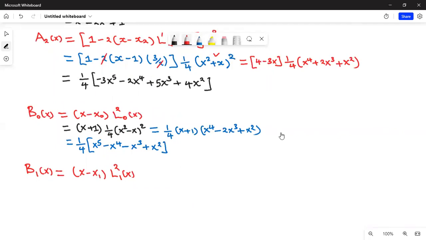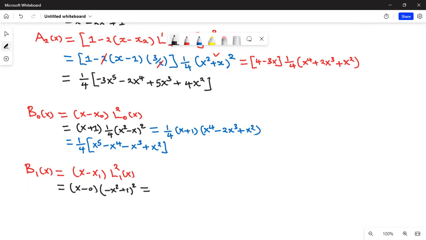Let's substitute. This should give us x minus 0. Remember, x1 was 0. L1, what was our L1? It was negative x squared plus 1. We need to square that. So negative x squared plus 1, the whole of this is squared.